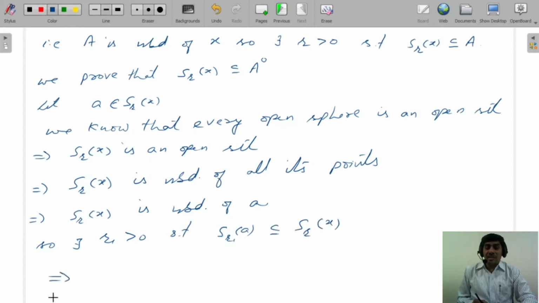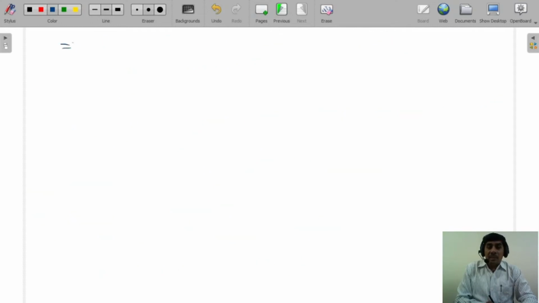This implies S_r1(a) is contained in S_r(x), which is contained in A. This implies a belongs to S_r1(a) contained in A. This implies A is a neighborhood of a.